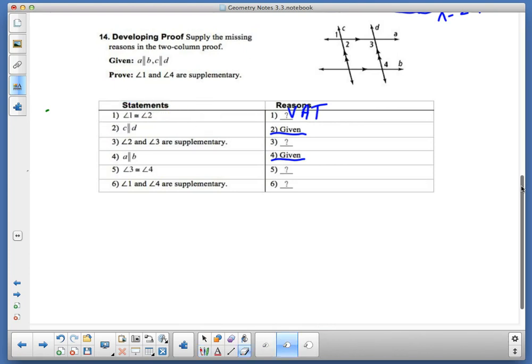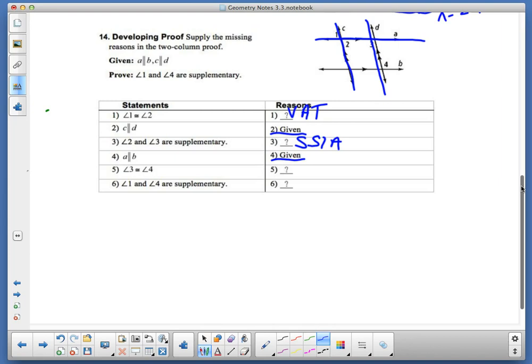Here's the deal. As we're getting going, I got 2 and 3 are supplementary. How do you know? Same side interior angles. They tell us that C and D are parallel, and we got this going on. 2 and 3 are same side interiors. Okay, now I've got some folks going, oh, that's how we use this stuff?